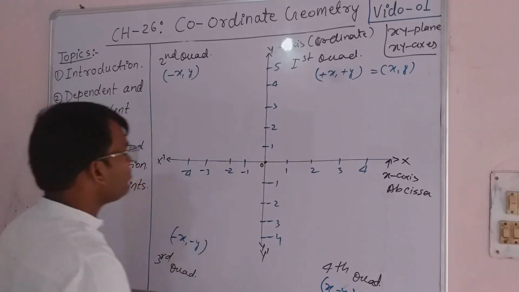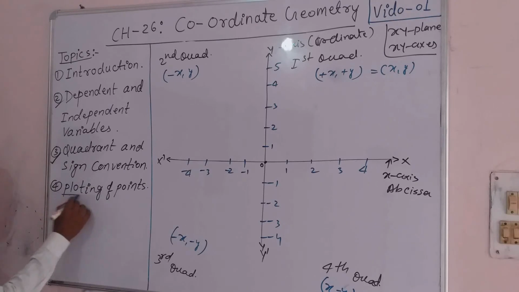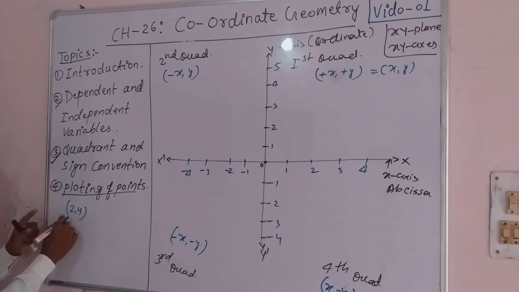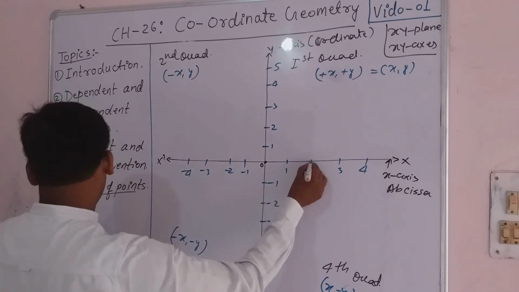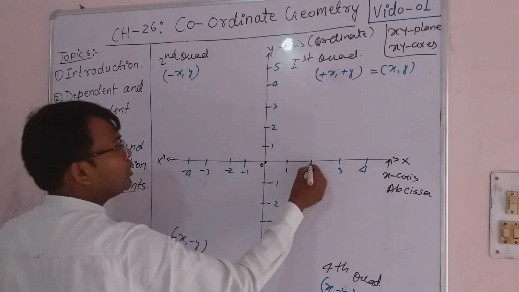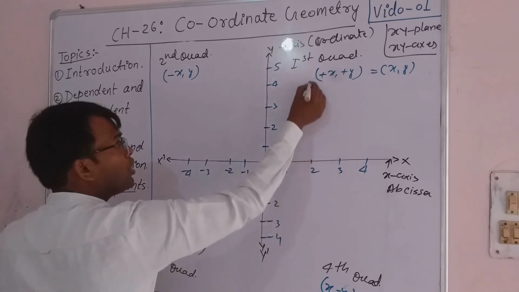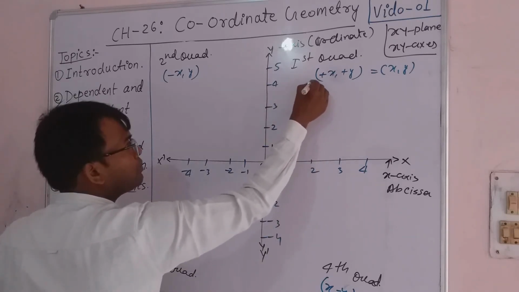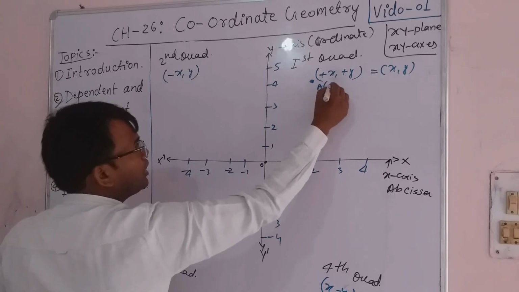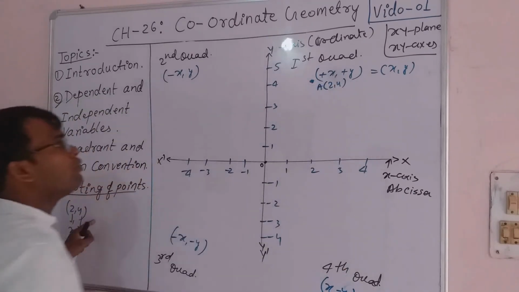Now, how do we plot points? Suppose we have to represent (2, 4). This is the x-axis and this is the y-axis. x is 2 here and y is 4 here. Draw perpendiculars from 2 and 4, and the point lies here. So this coordinate is denoted by (2, 4).